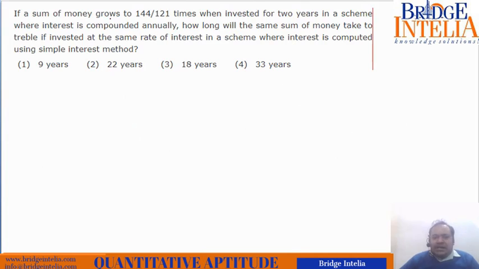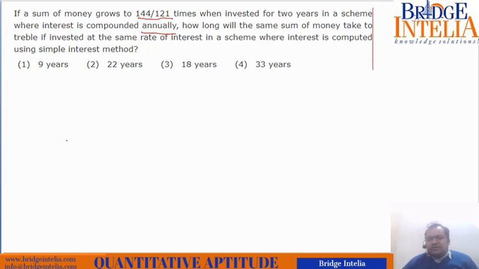If a sum of money grows to this much times when invested for 2 years in a scheme where interest is compounded annually, how long will the same sum of money take to treble if invested at the same rate of interest in a scheme where interest is computed using simple interest?